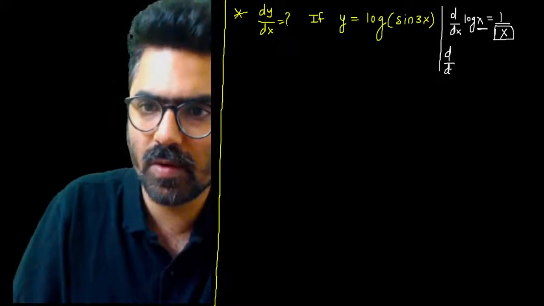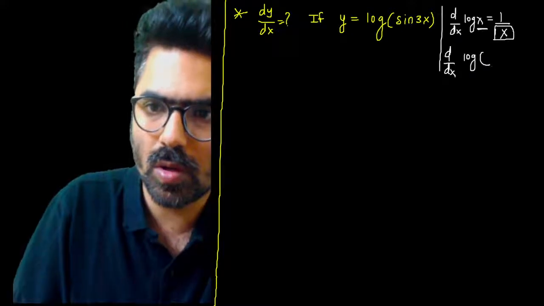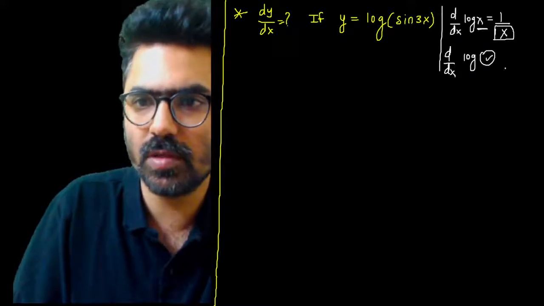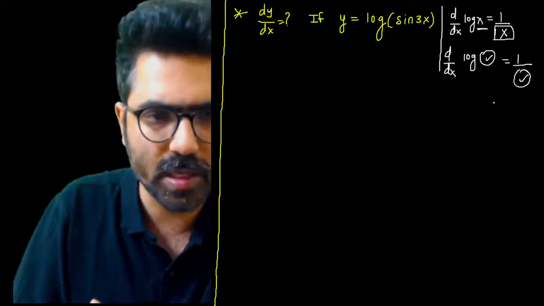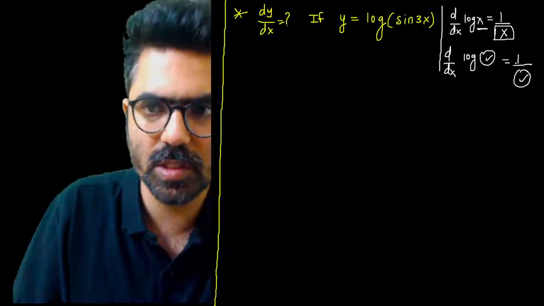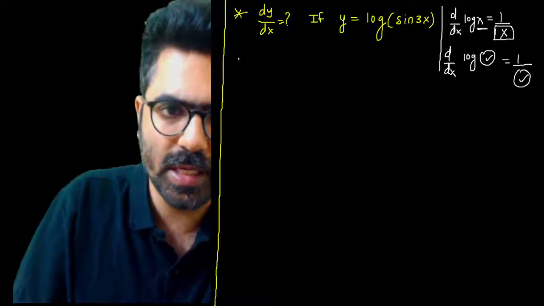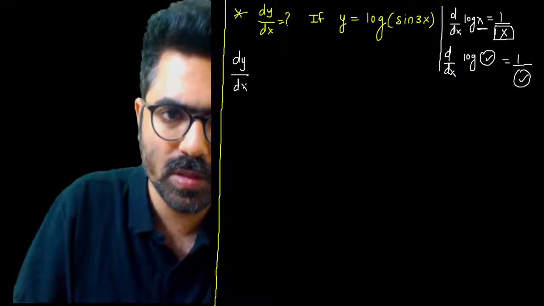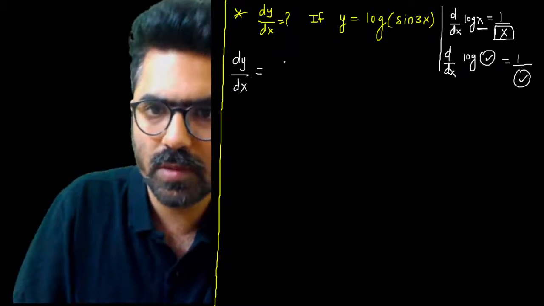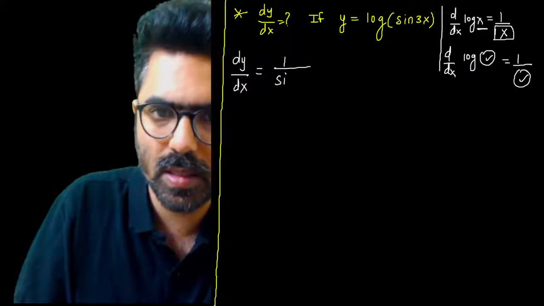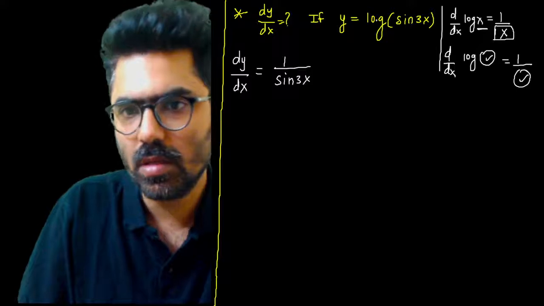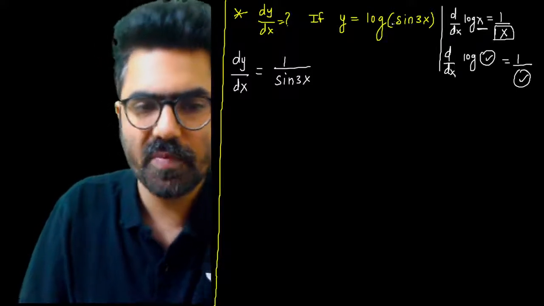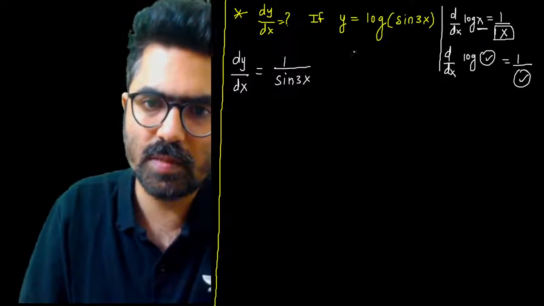Like derivative of log of any function, you can write that function in the denominator. The first part, this is not the entire part. So derivative of log here is 1 by sine 3x. So this part is done. The derivative of log x is 1 by x, so derivative of log sine 3x is 1 by sine 3x.